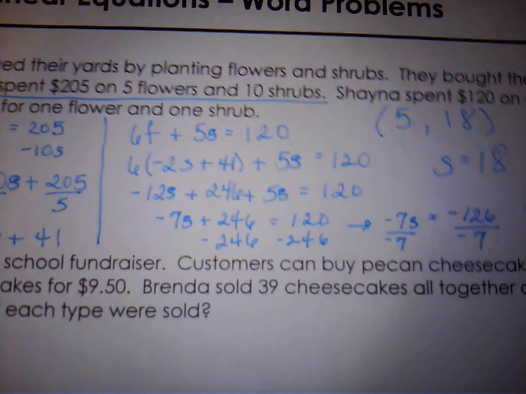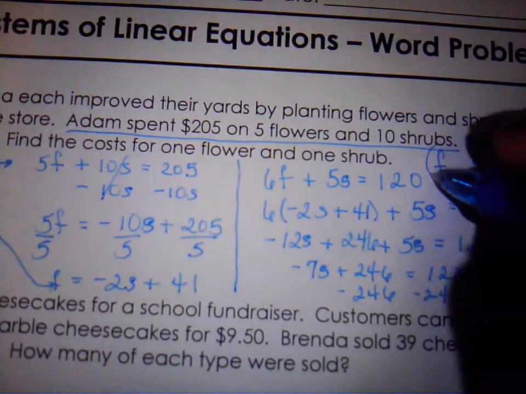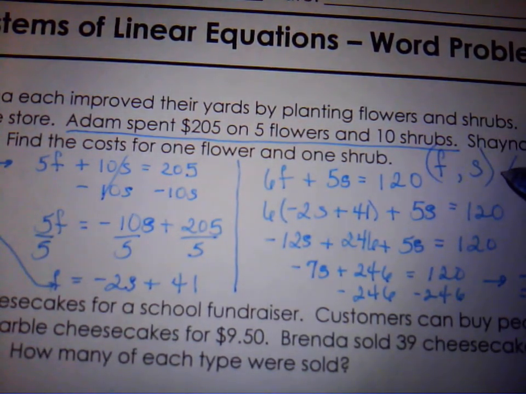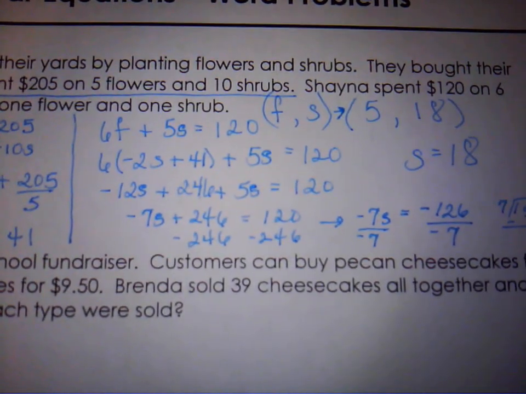The F comes first and then the S. Does that make sense? I'll put it here. It looks crazy, but you'll be able to follow it in the video, okay?